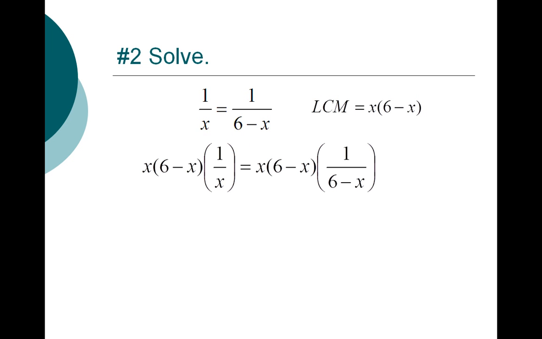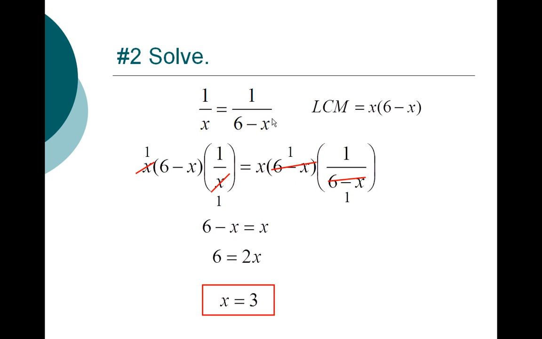Once we do that, see this x times 6 minus x times 1 over x, and x times 6 minus x times 1 over 6 minus x. The x's will cancel out here. The 6 minus x's will cancel out on the other side, which leaves you with 6 minus x equals x. So doesn't that look familiar? That's the same thing we got when we just cross multiplied. And your answer is 3, of course.